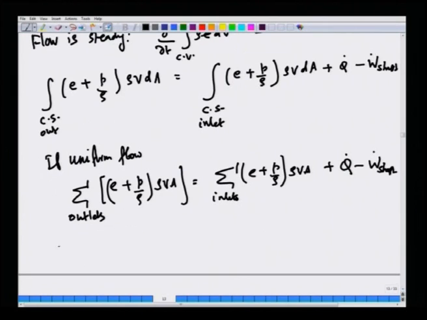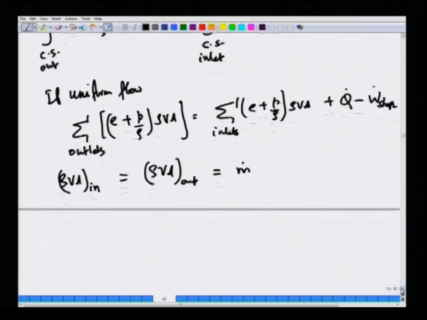Okay. In a steady flow, ρVA in is equal to ρVA out, that is mass conservation, that is equal to the rate at which mass is entering or leaving the system.